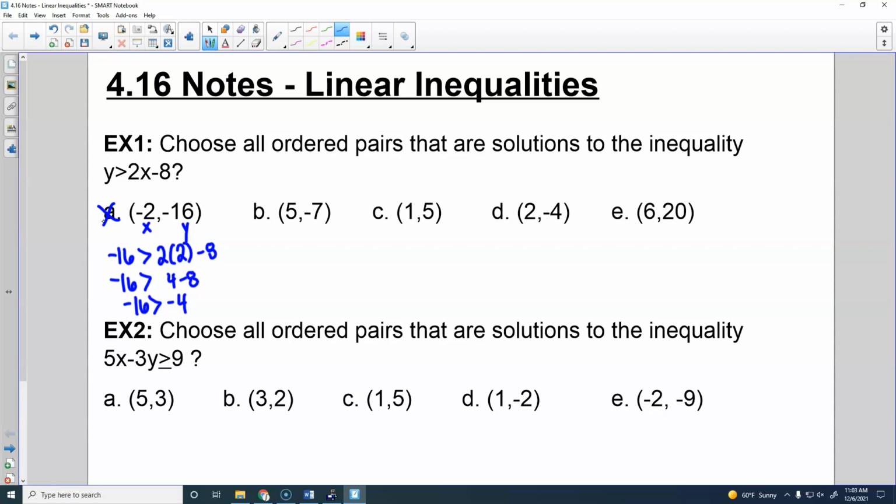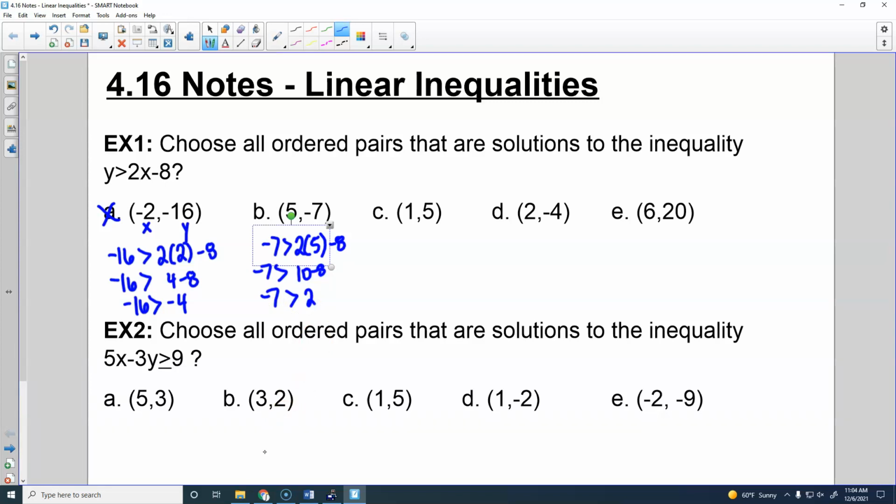There will be lots of answers sometimes to these problems. So if we try the next one, -7 is greater than 2 times 5 minus 8. So -7 is greater than 10 minus 8. -7 is greater than 2. Is that true?